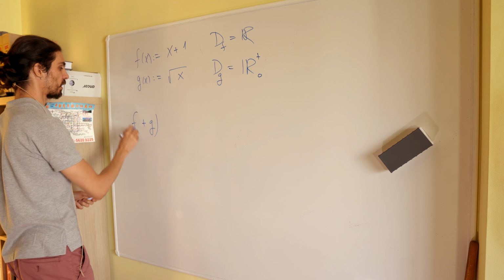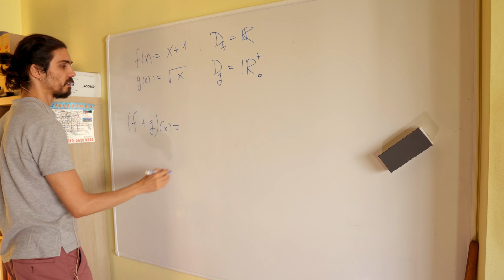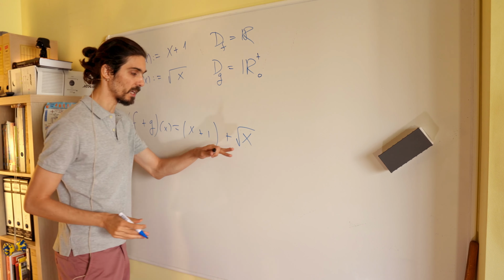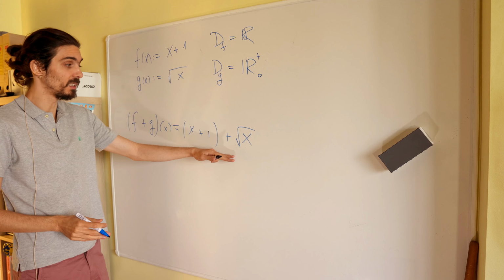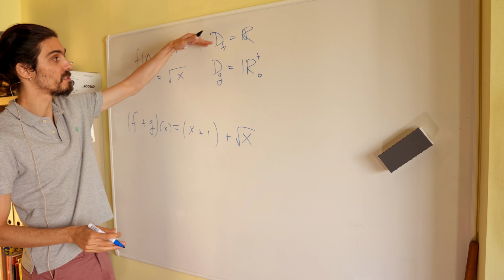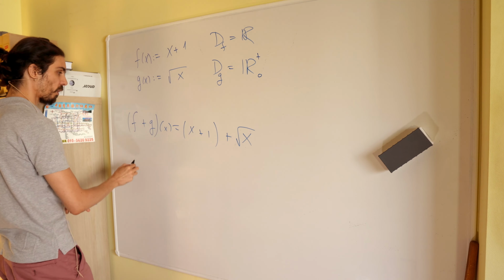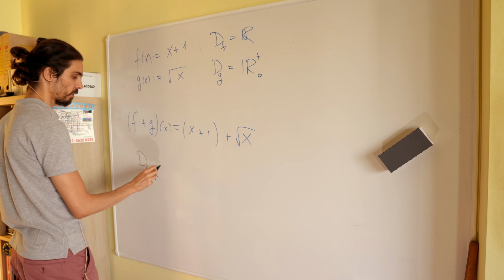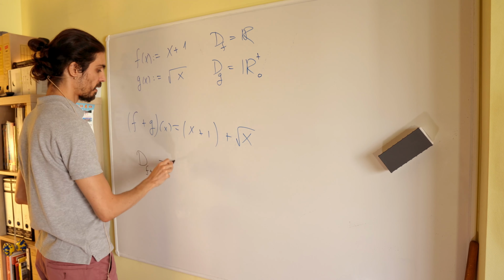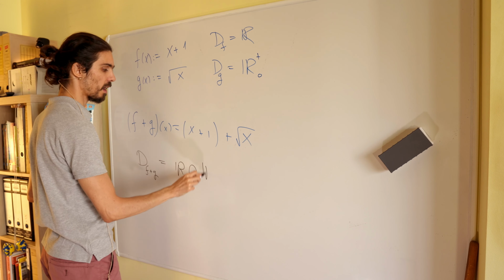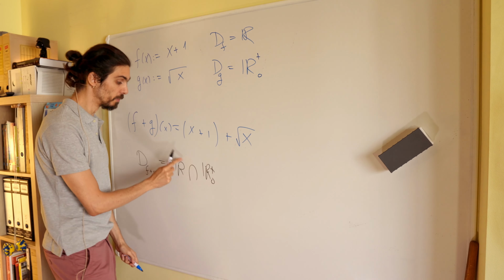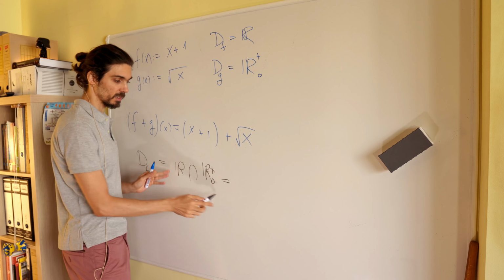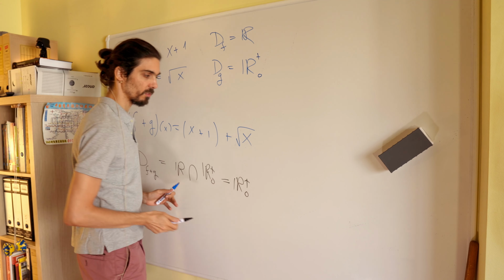Let's do it again. Summing the two functions acting on x gives us x plus 1 plus the square root of x. As you can see, now the operation is easy. You just intersect the domain of this and this. So the domain of our function, f plus g, must be R intersected with R positive or 0, but because R is larger, it contains this one, so the intersection is again R positive or 0.